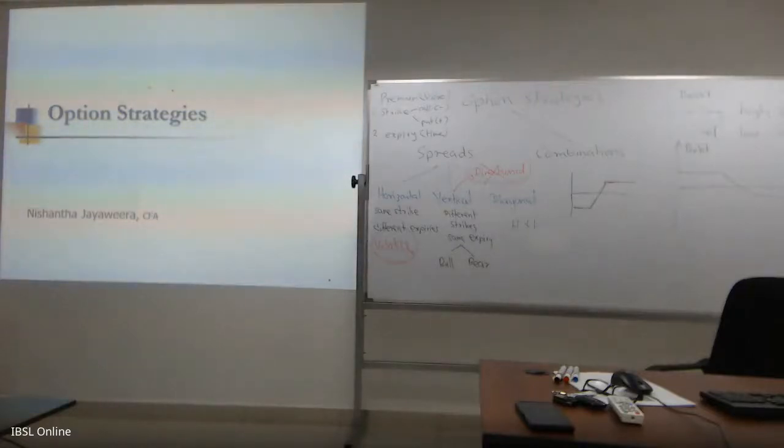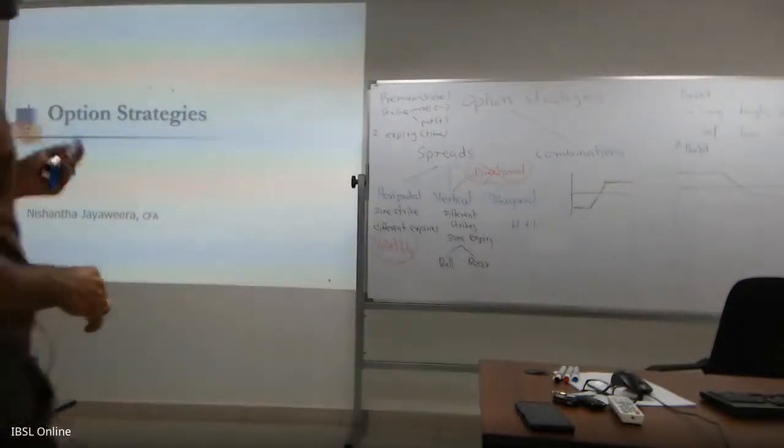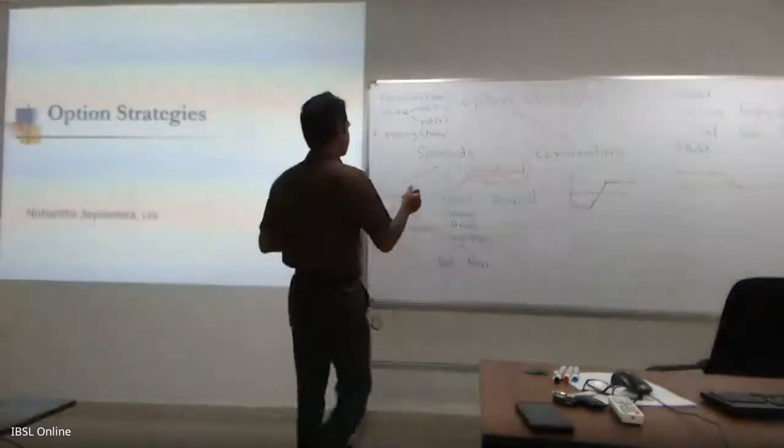When the option has a long maturity period, premium is high. Why? It's more uncertain. The risk is high.